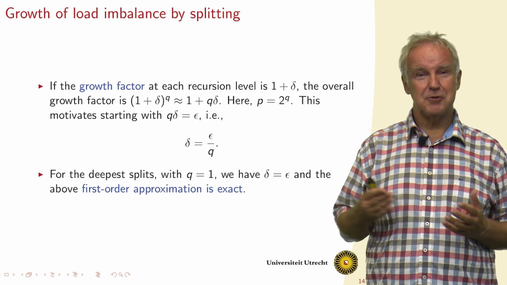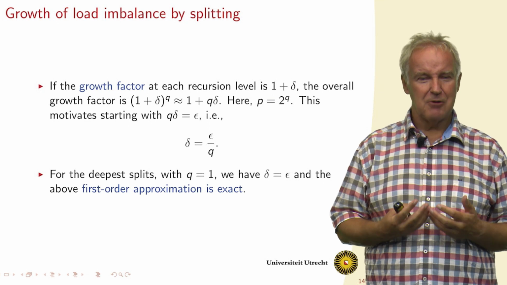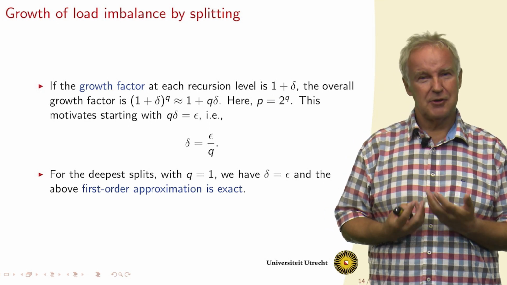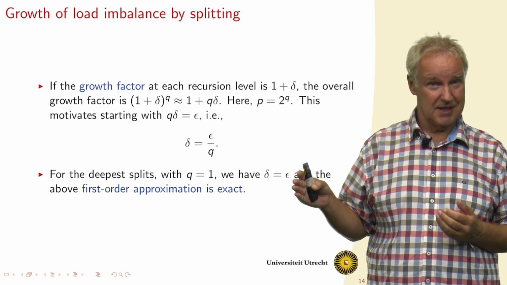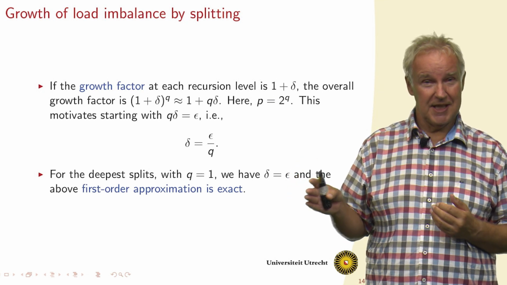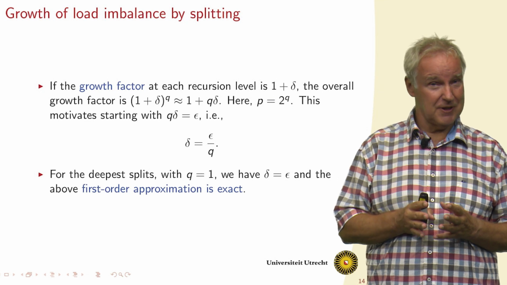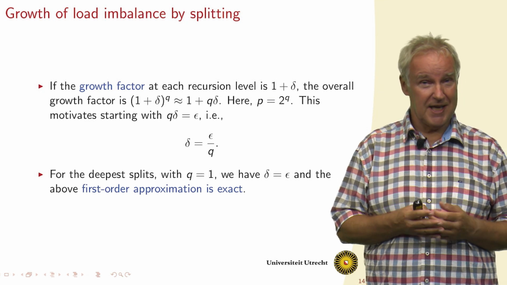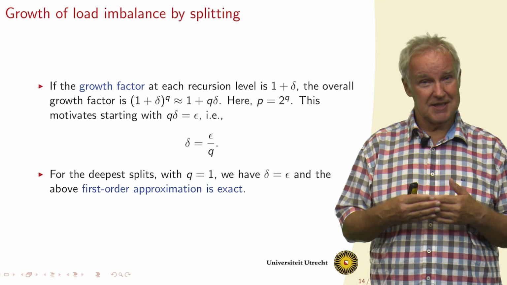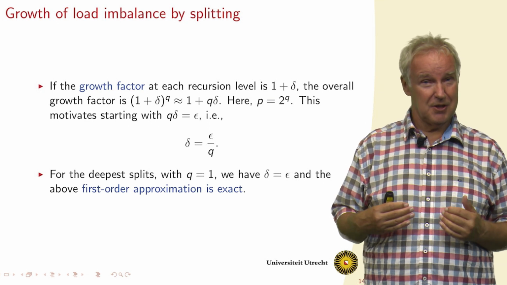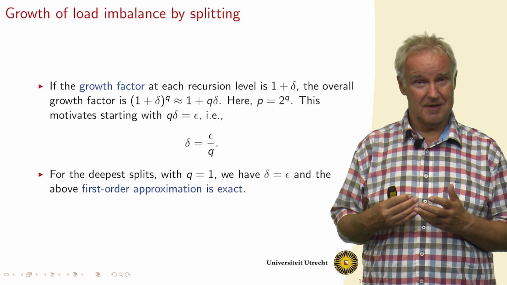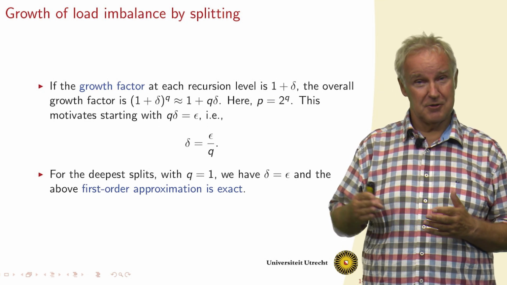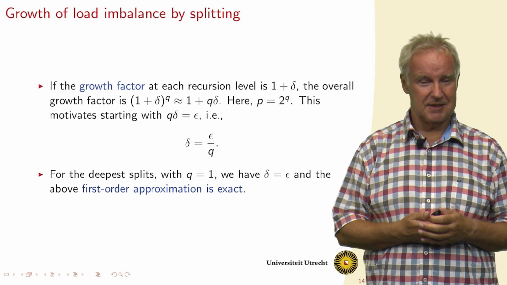So if we want to do repeated splits, how do we choose our imbalance? If we want to end with 3% imbalance, then we need to cut carefully. For example, if we have 8 processors, at every level of split, you want to split with a 1% imbalance in order to, at the end, achieve the 3%.